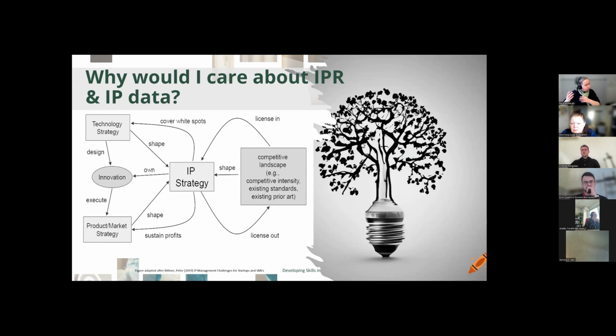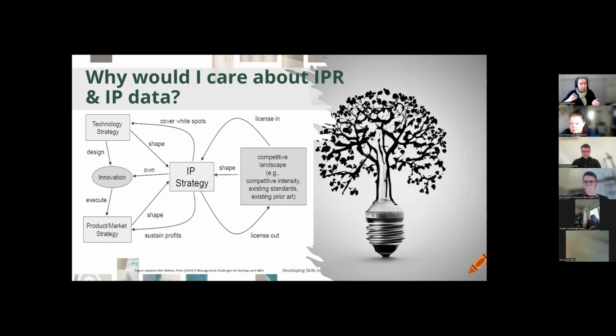Also, it can be connected to your product and market strategy. You can see from this type of data, for example, that there's a patent valid in this country, but maybe there isn't one there, and the same goes for your own patents.